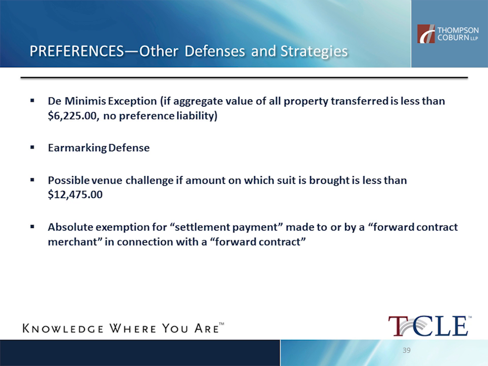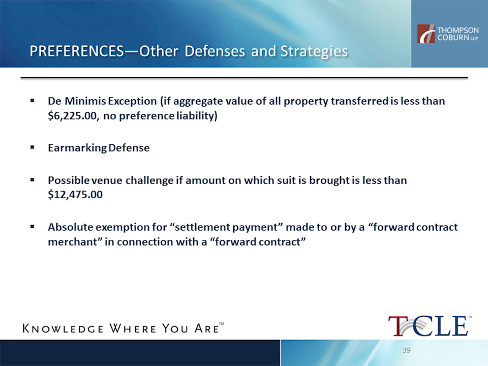Going to the second bullet point is the earmarking defense. An earmarking defense means that the debtor has another creditor. So we're not talking about the trade creditor that's receiving a preference, but actually there's another creditor out there that's advancing money to the debtor for the purpose of paying that trade creditor.